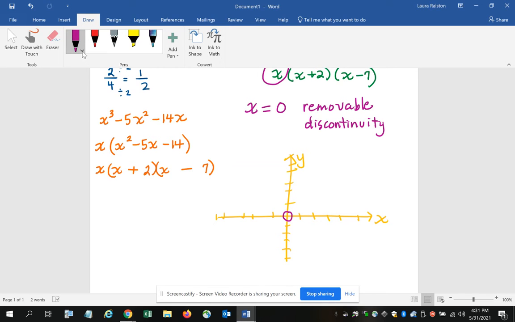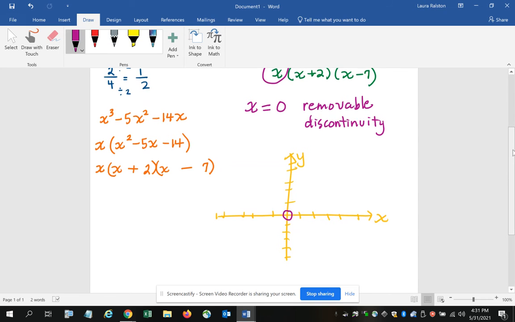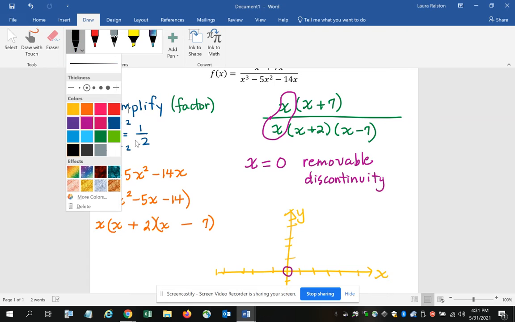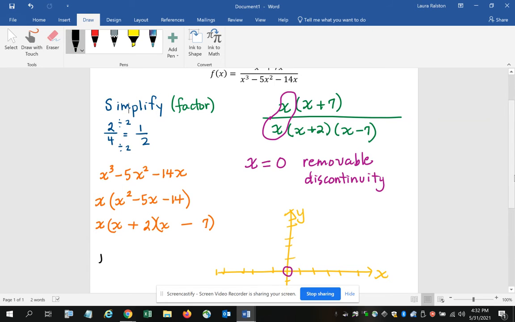Then, once I get my fraction simplified, my rational function is now f of x equals x plus 7 over x plus 2 times x minus 7.